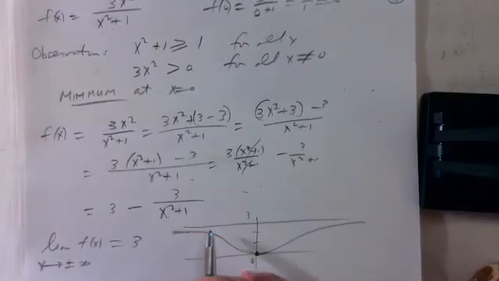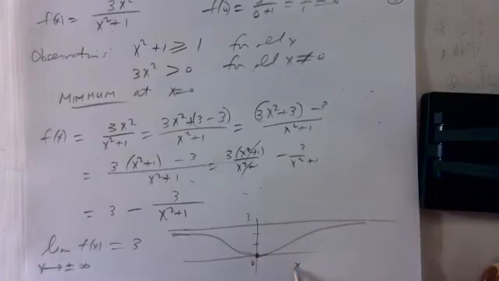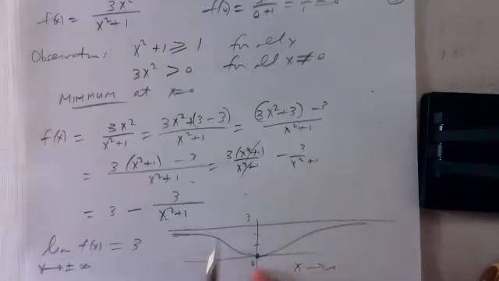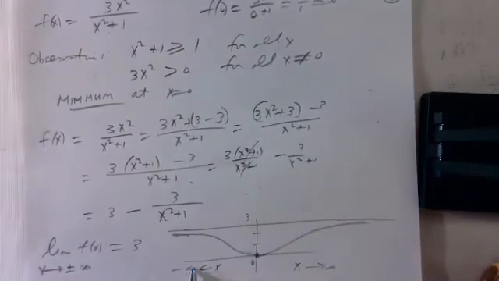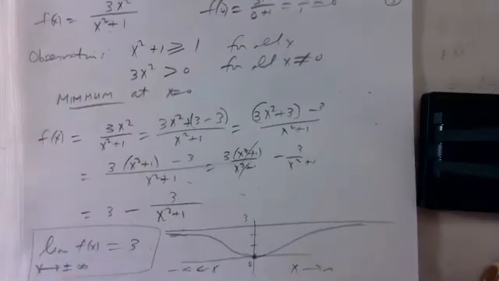It looks like this. As x goes to infinity, f of x is approaching 3. And as x goes to minus infinity, f of x is also approaching 3. So we have these two limits at infinity.